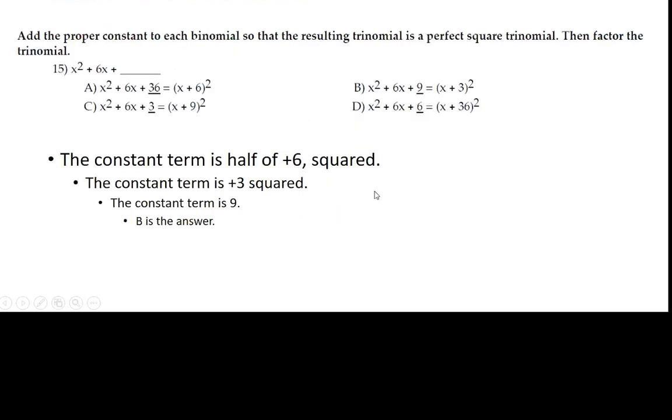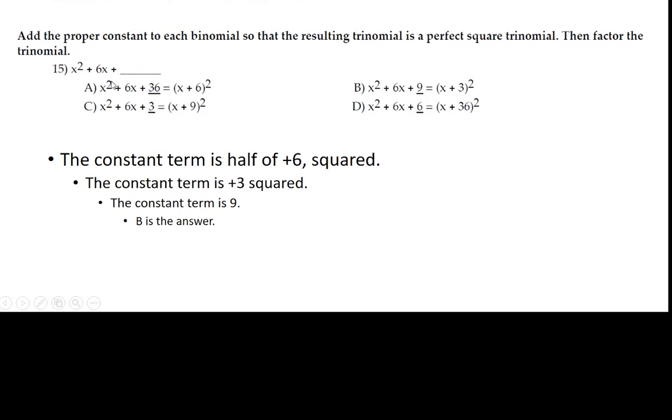Number 15, add the proper constant to the binomial so that the resulting trinomial is a perfect square trinomial. Then factor the trinomial. So here we're completing the square. We take half of the number in front of x and then square it.